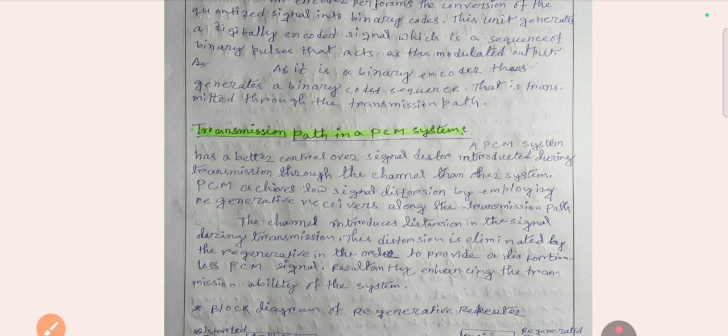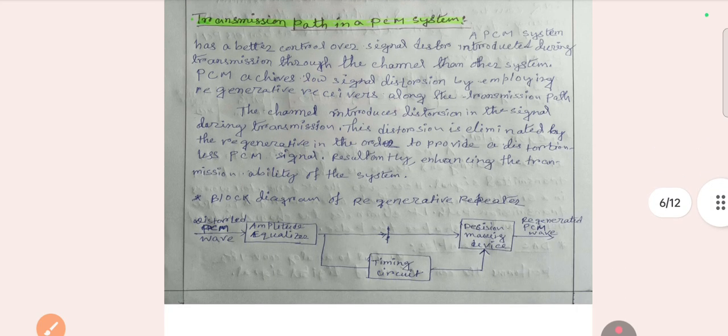The channel introduces distortion in the signal during transmission. This distortion is eliminated by regenerative repeaters in order to provide a distortionless PCM signal, resultantly enhancing the transmission ability of the system.